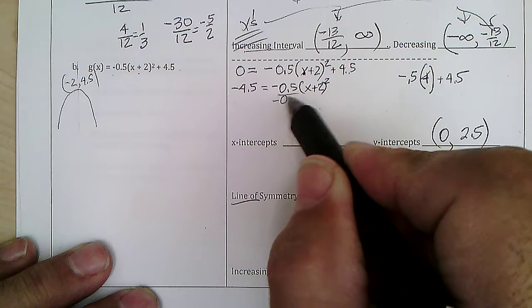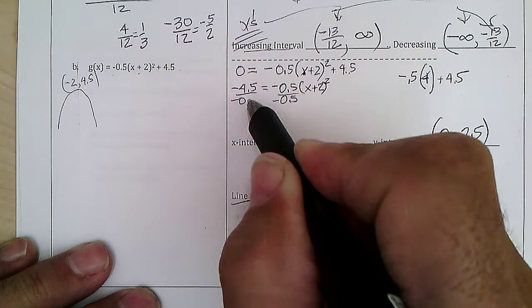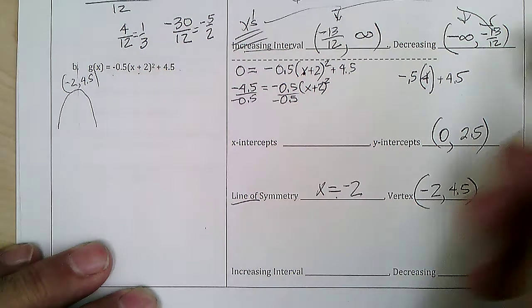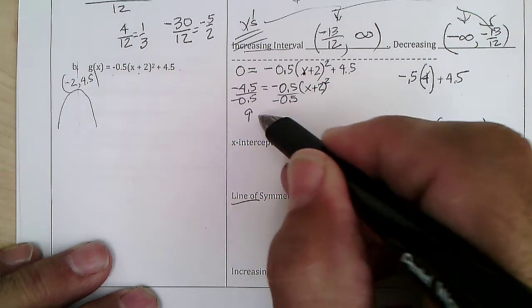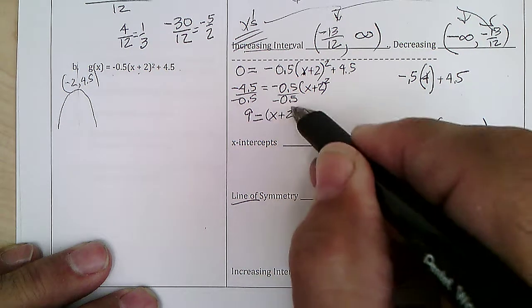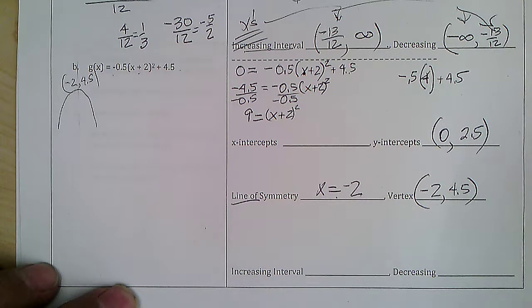Divide by negative 0.5. That goes in there 9 times, and a negative divided by negative is positive, so we get 9. Take the square root, remembering that when you take the square root, it's plus or minus.